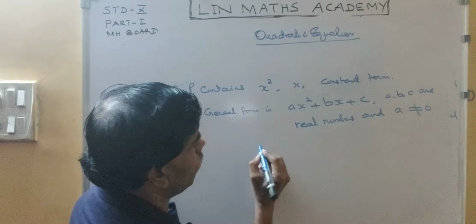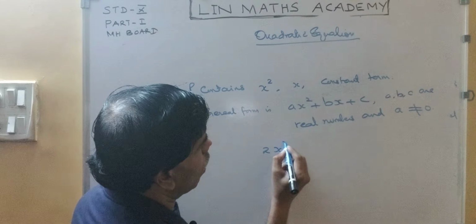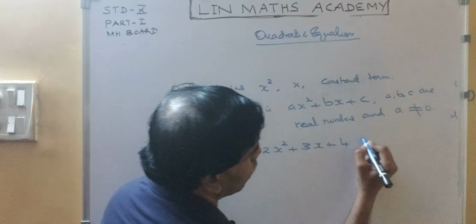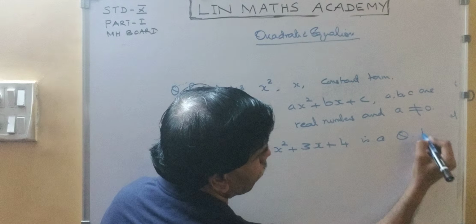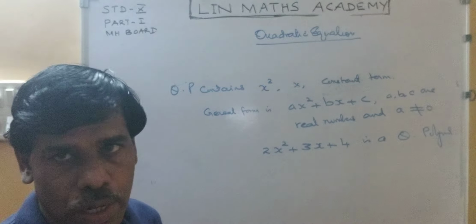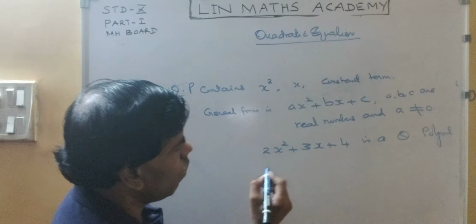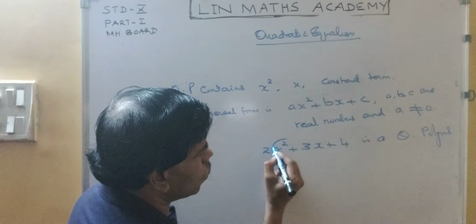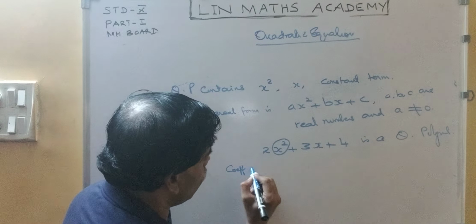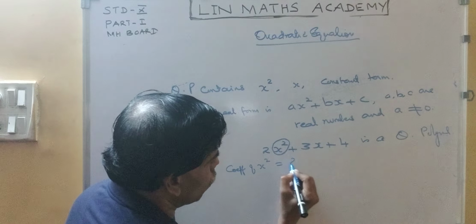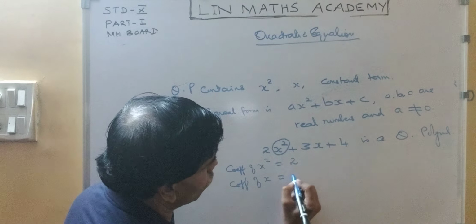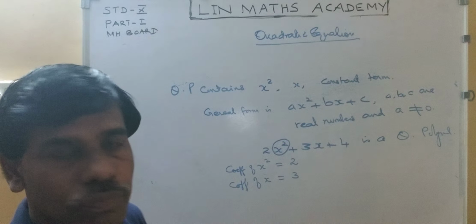For example, 2x square plus 3x plus 4 is a quadratic polynomial, right? Now, what is the coefficient of x square? The coefficient of x square is 2.